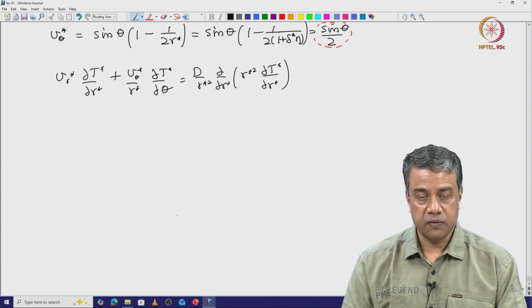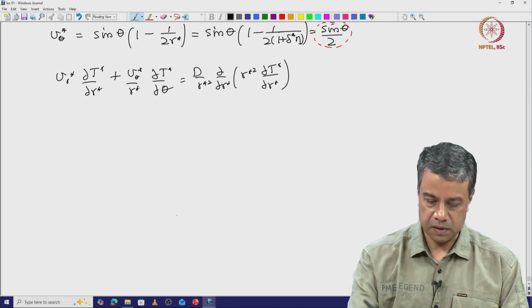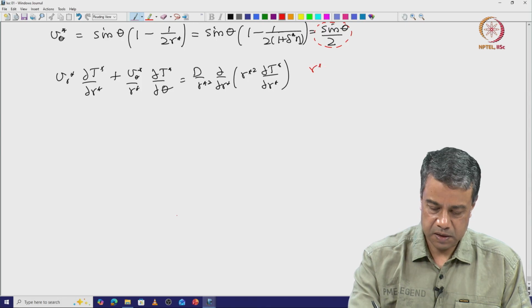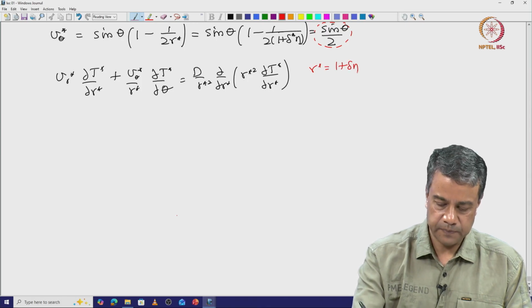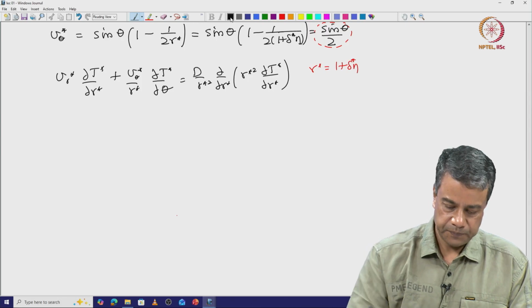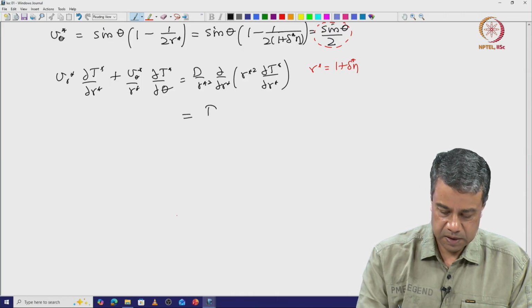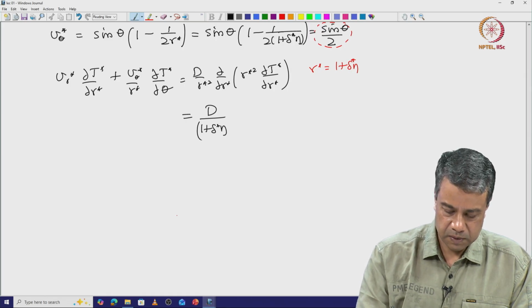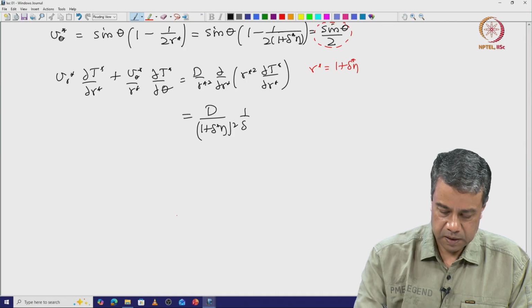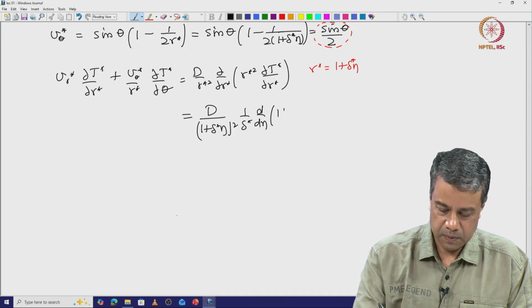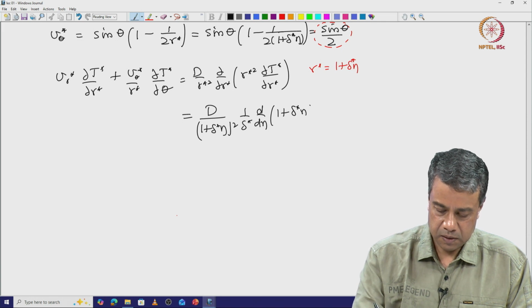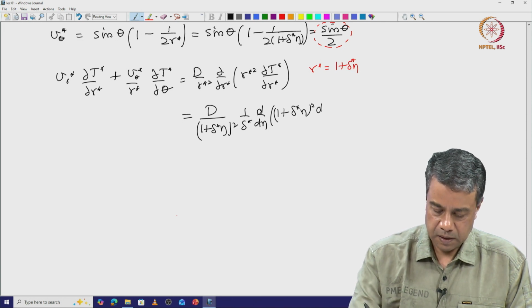In the second term, if we substitute r star is equal to 1 plus delta eta, I had shown you that this just becomes 1 by delta star d by d eta of 1 plus delta star eta the whole square d.